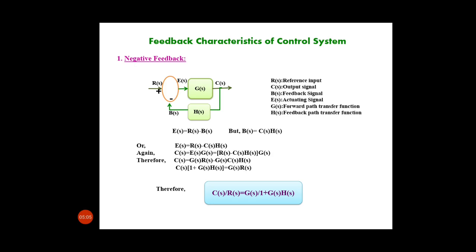So, the output signal C(s) equals E(s) into G(s), or R(s) minus C(s) H(s), into G(s). By simplifying this equation, we get C(s) by R(s), which is the transfer function, equal to G(s) divided by 1 plus G(s) H(s).